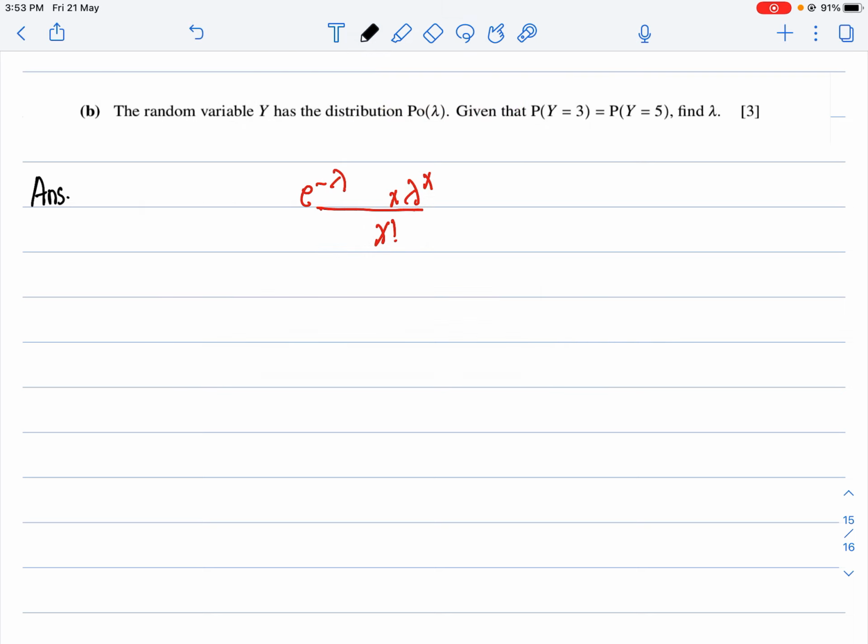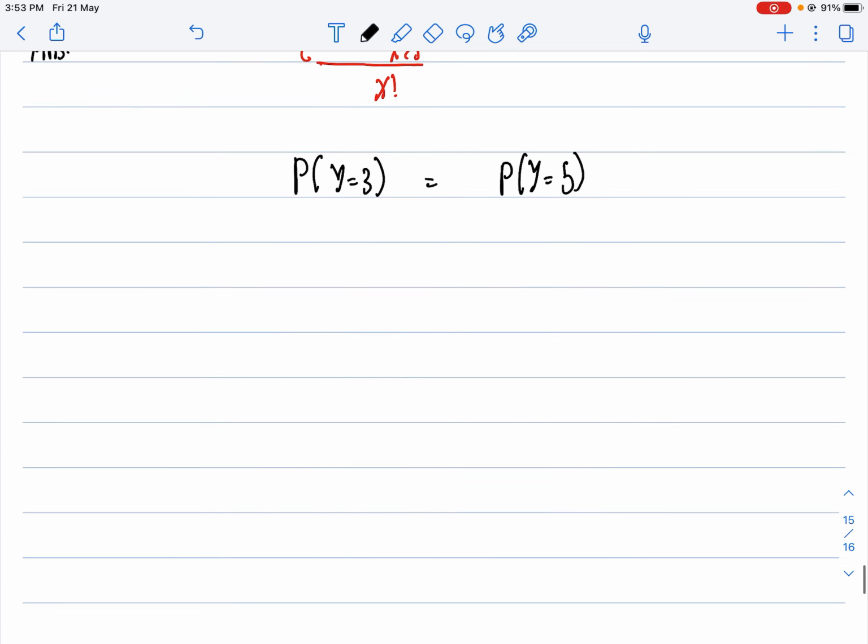So I can simply write this as, because I know P of Y equals 3 is equal to P of Y equals 5, e raised to minus lambda into lambda raised to 3 over 3 factorial equals e raised to minus lambda into lambda raised to 5 over 5 factorial.